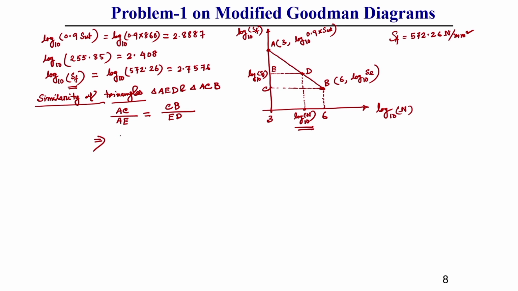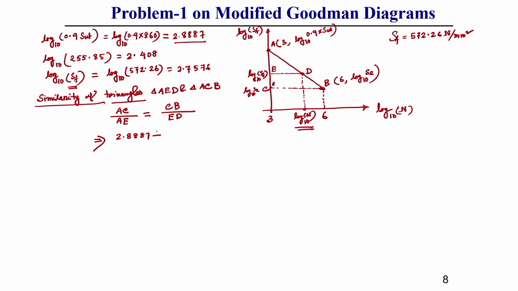AC means log 10 of 9 ultimate, log 10 9 ultimate is 2.8887. C is your endurance strength value, log 10 endurance strength, log 10 AC.